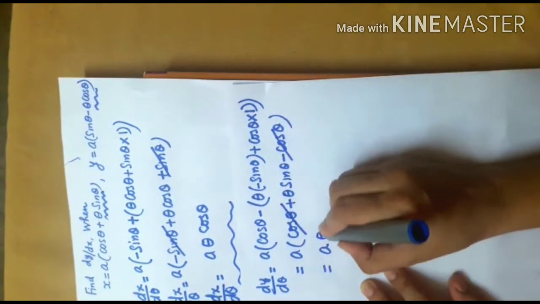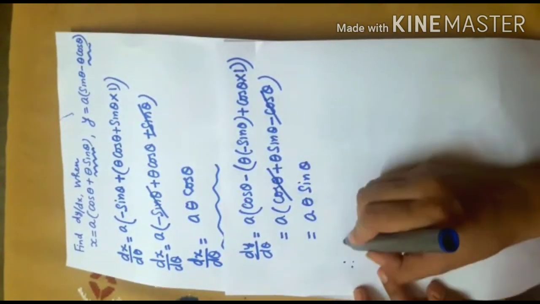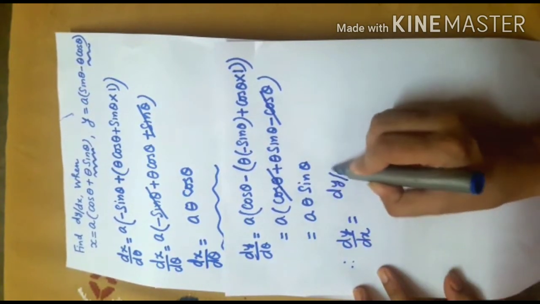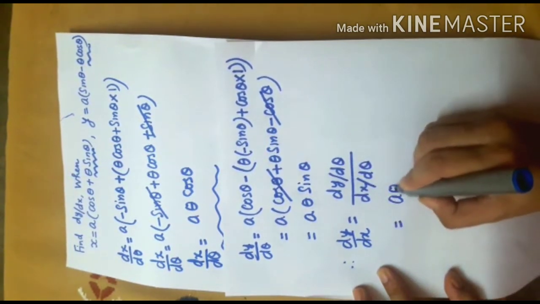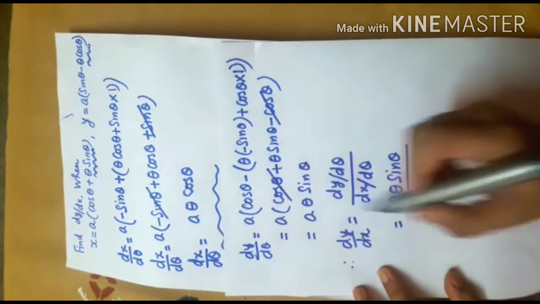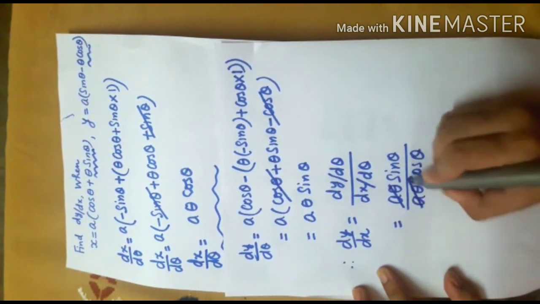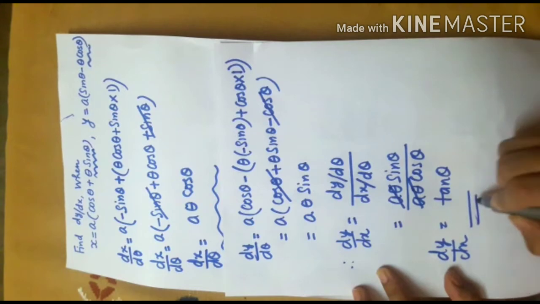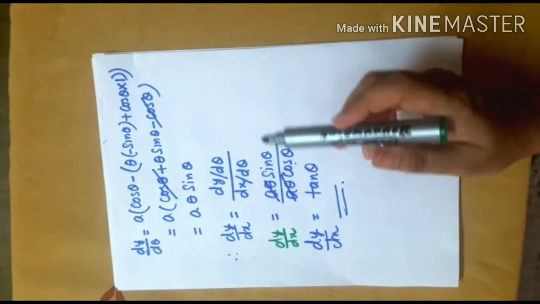So it will be a theta sin theta. So dy by dx will be equal to dy by d theta over dx by d theta. a theta sin theta, the value of dy by d theta, over dx by d theta, a theta cos theta. So I'll get tan theta. So dy by dx is equal to tan theta.